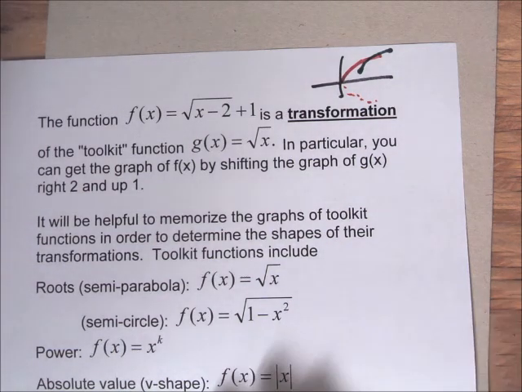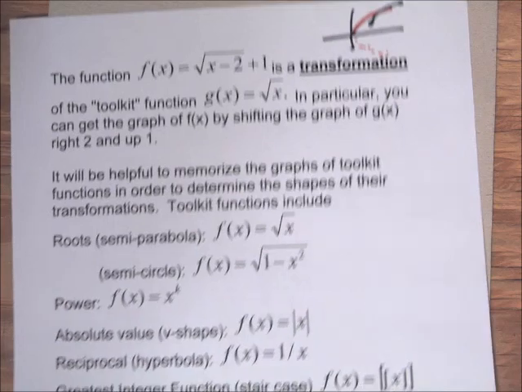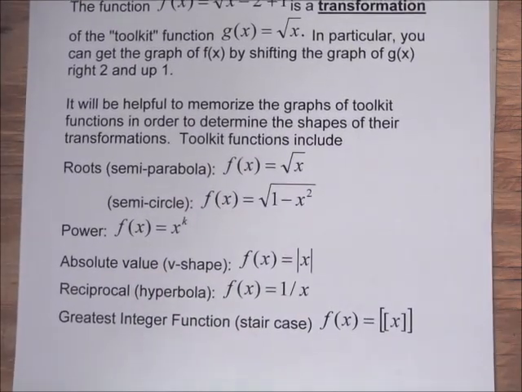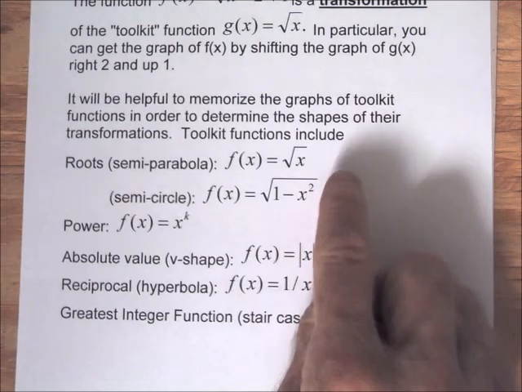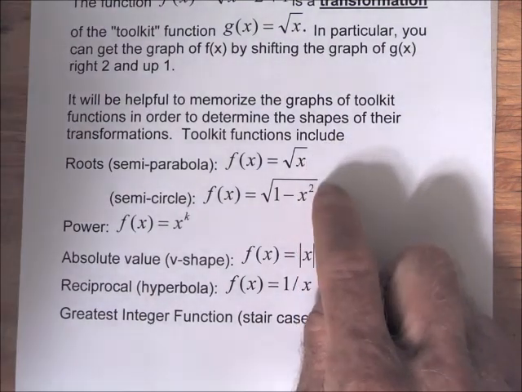There are other toolkit functions that are useful to familiarize yourself with. If you're making a graph, you can always do point plotting, but sometimes it helps to know what the general shape is before you do the point plotting. So the square root is a semi-parabola.